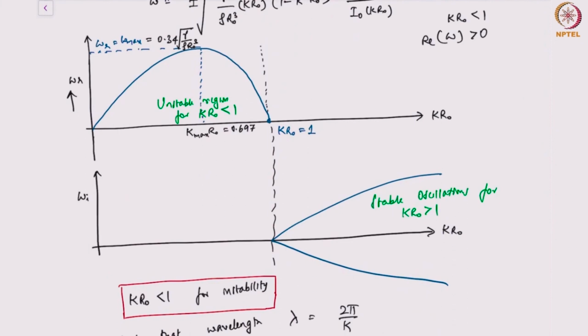This particular wavelength is also called, sometimes in literature you'll hear people say, the most dangerous mode. The most dangerous mode is the mode which will grow the fastest.